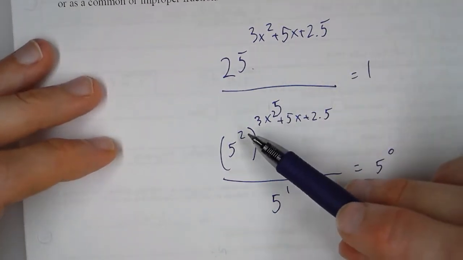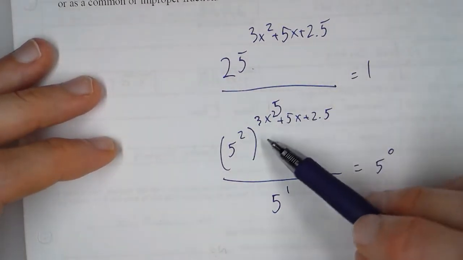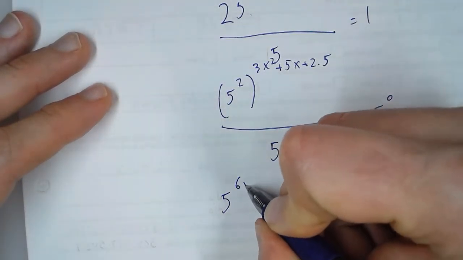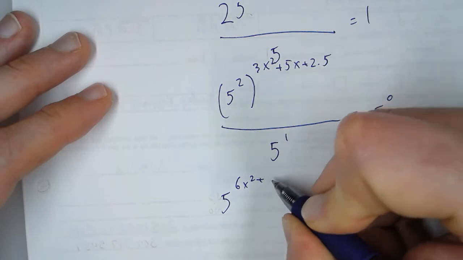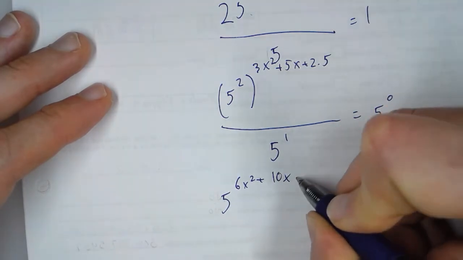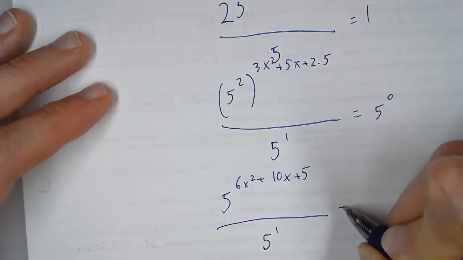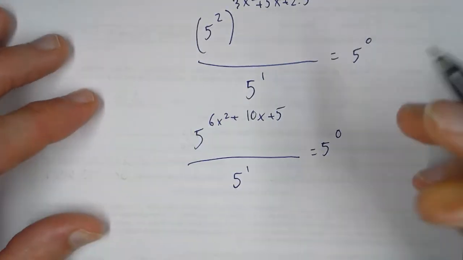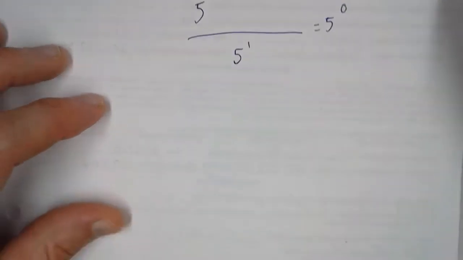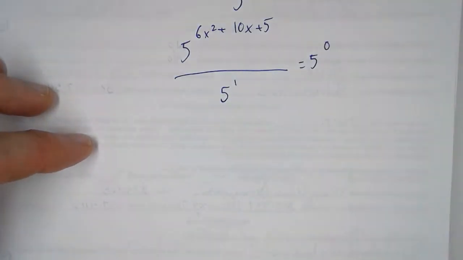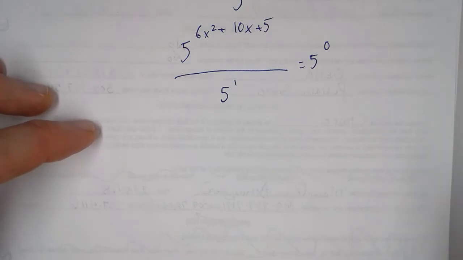Now when you have an exponent on top of another exponent, you multiply them. So you have 5 to the 6x squared plus 10x plus 5 all over 5 to the first equals 5 to the 0. Now when you're dividing two expressions with exponents and they have the same base, you subtract the exponents.